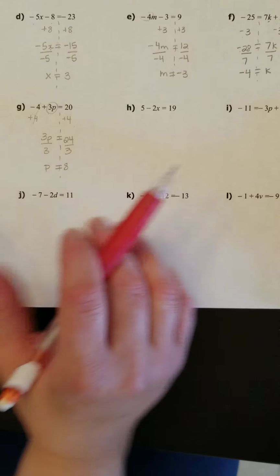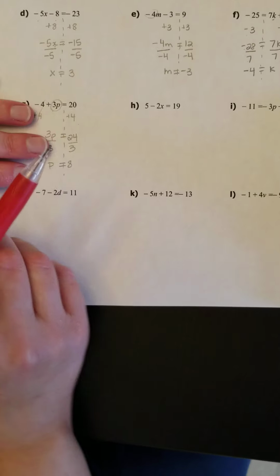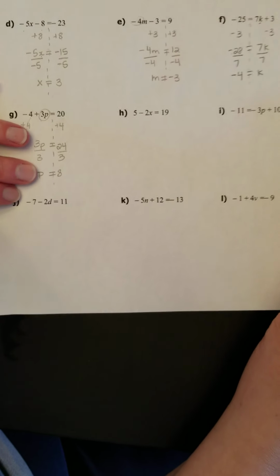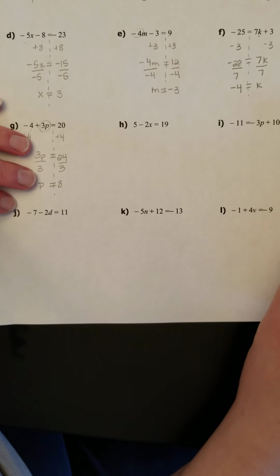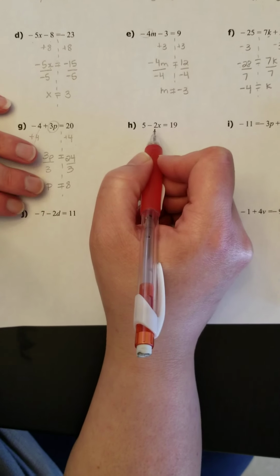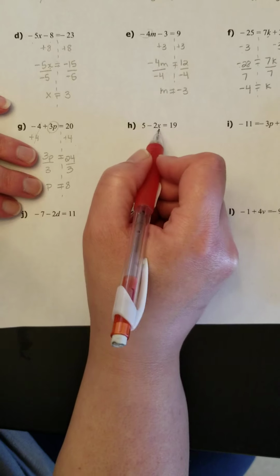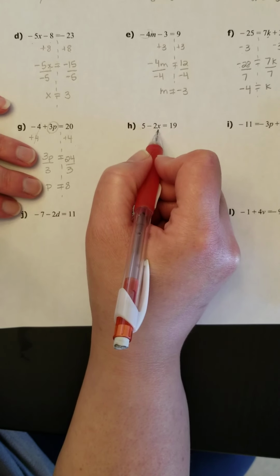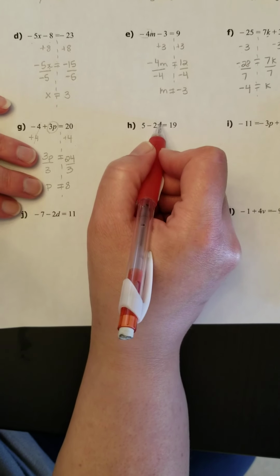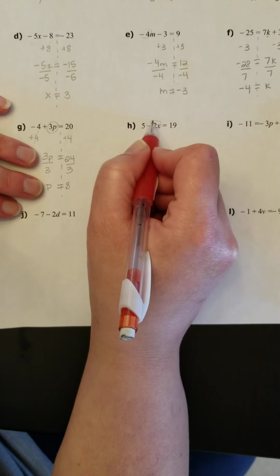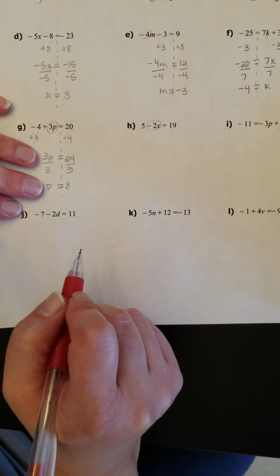And H is another example of this. So for H, we've got 5 minus 2x equals 19. Now here we've got, again, on the left-hand side, the terms in an order that we're not used to. The -2 is the one that's attached with the x by multiplication.